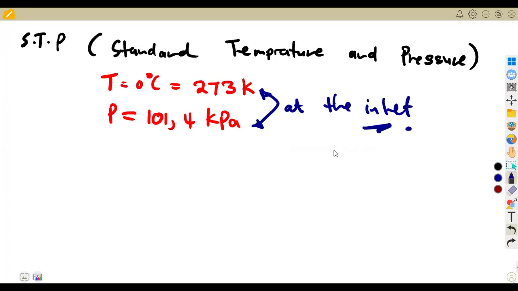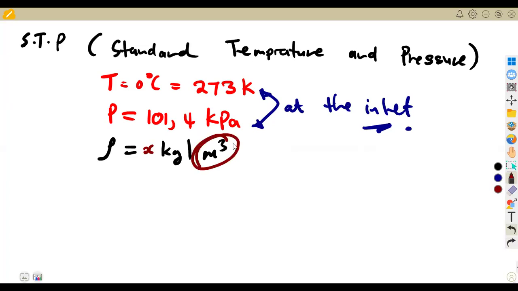In most cases, they will give you a density that goes hand in hand with the STP conditions. Remember our density is measured in kilograms per cubic meter. At STP conditions, the density you are given may be X kilograms per cubic meter.